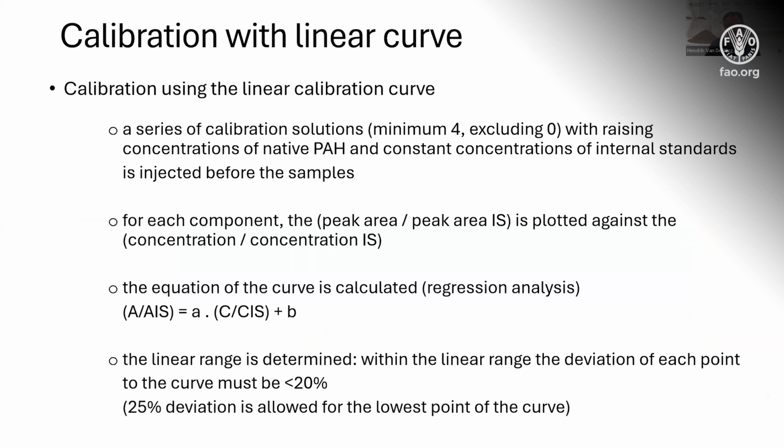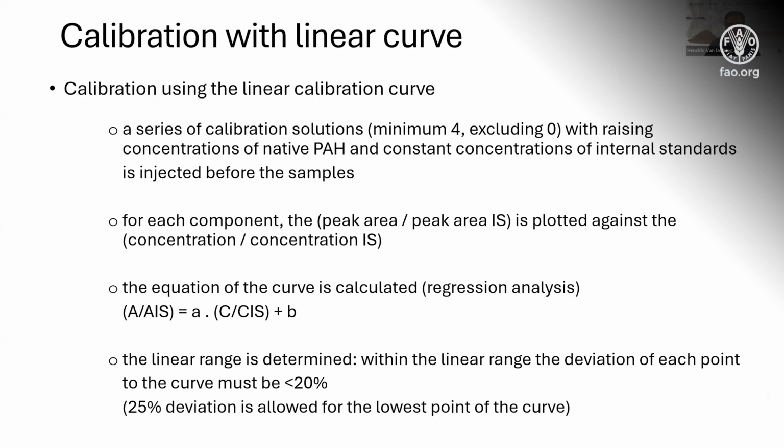To establish this calibration curve, we inject a series of calibration solutions. Minimum 4 different concentrations, excluding 0, with raising concentrations of PFAS and constant concentrations of internal standard. And we inject this before the samples.